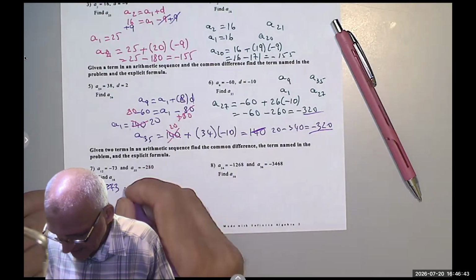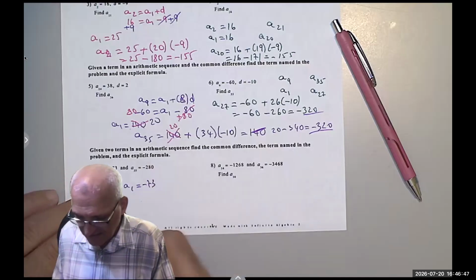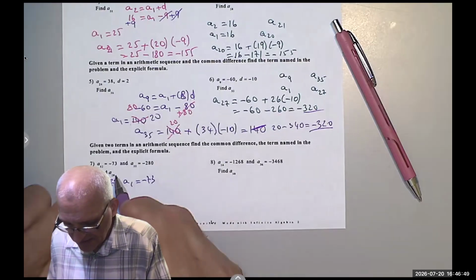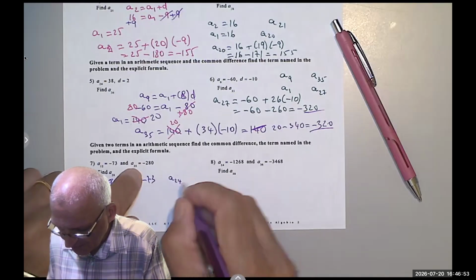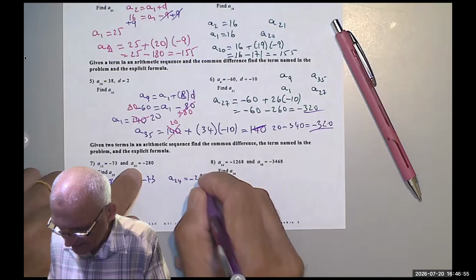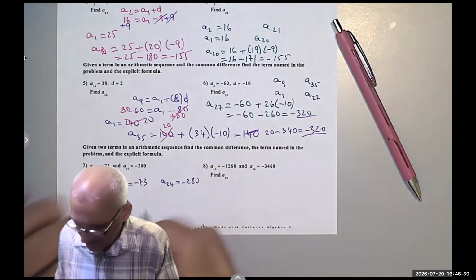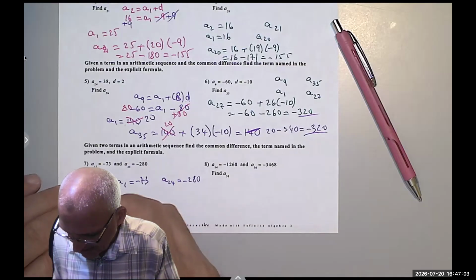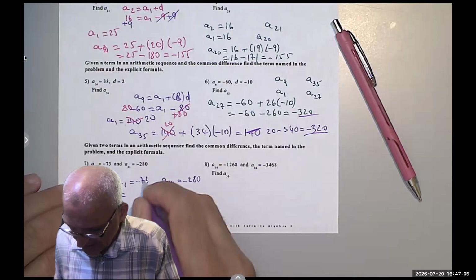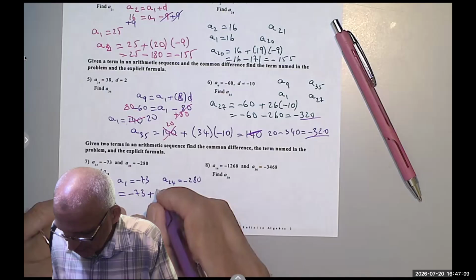It's as if I say a sub 1 is negative 73. I subtracted 11, so here I subtract 11 too. I say a sub 24 is negative 280. And from these, I can find d, because I'm going to say a sub 24, which is negative 280, equals a sub 1, which is negative 73, plus 23d.